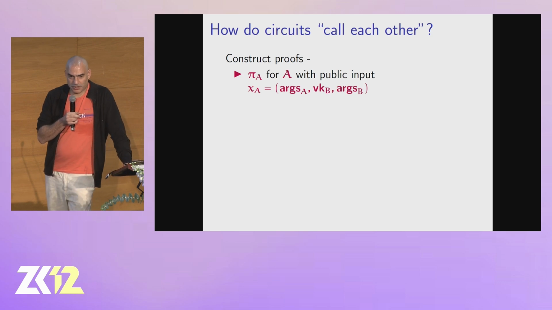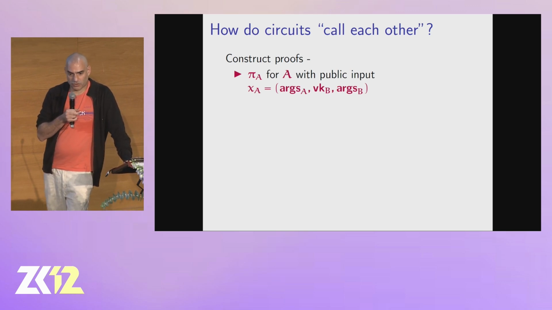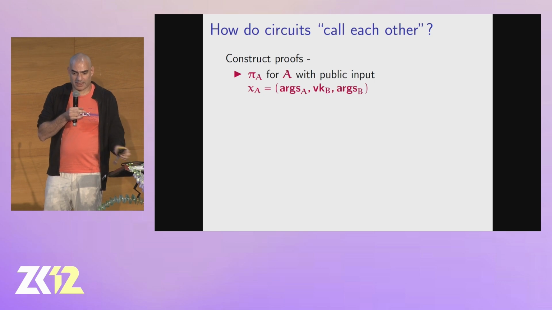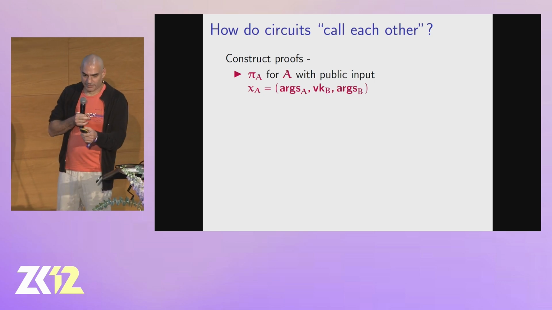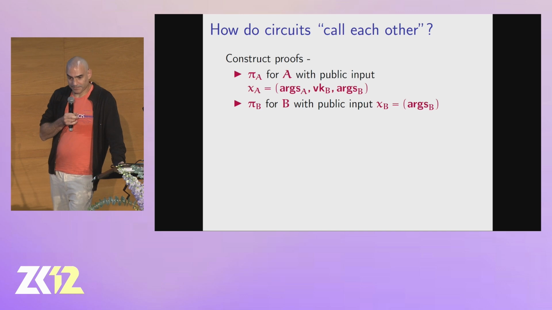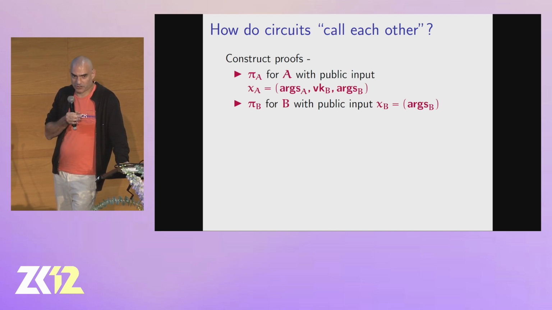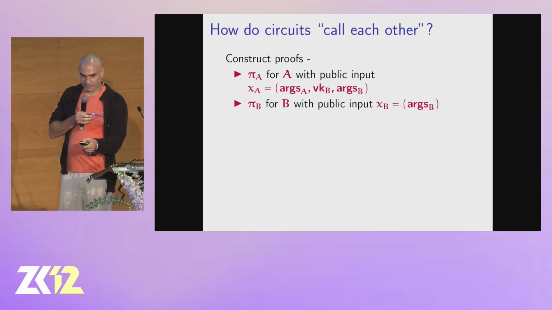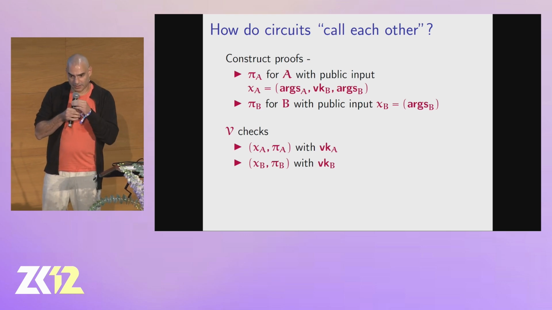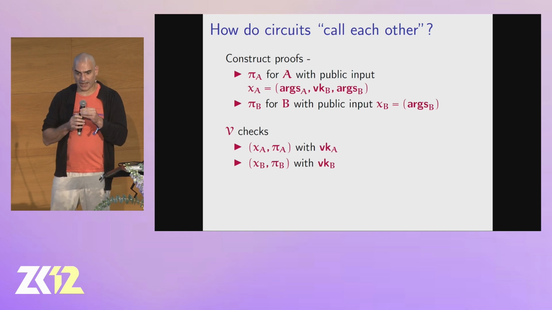Okay, so here's what this could look like. We'll construct a proof for A, called the proof pi A, where the public input now contains the arguments to A, but also the verification key of B and the arguments to B. And now we'll construct a proof for B, where the public input is just the arguments to B. And we'll have a verifier check the proof for A with key VKA and public input XA.